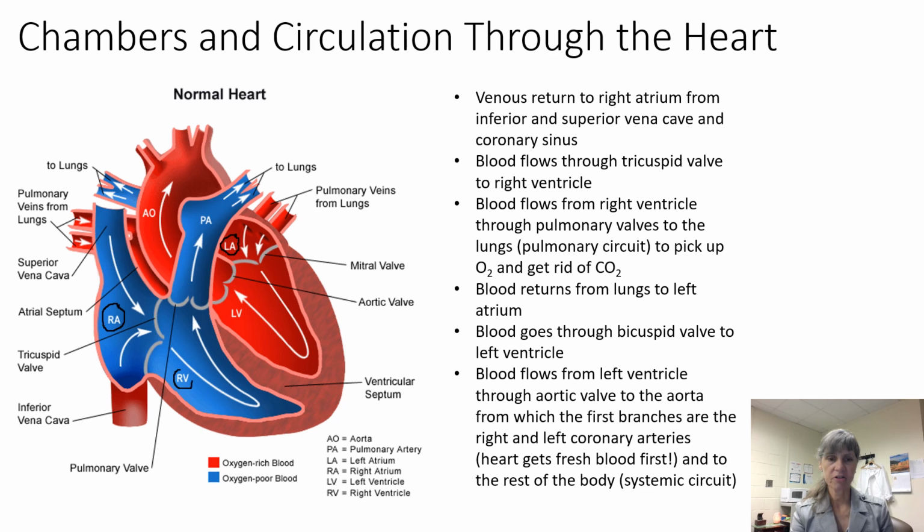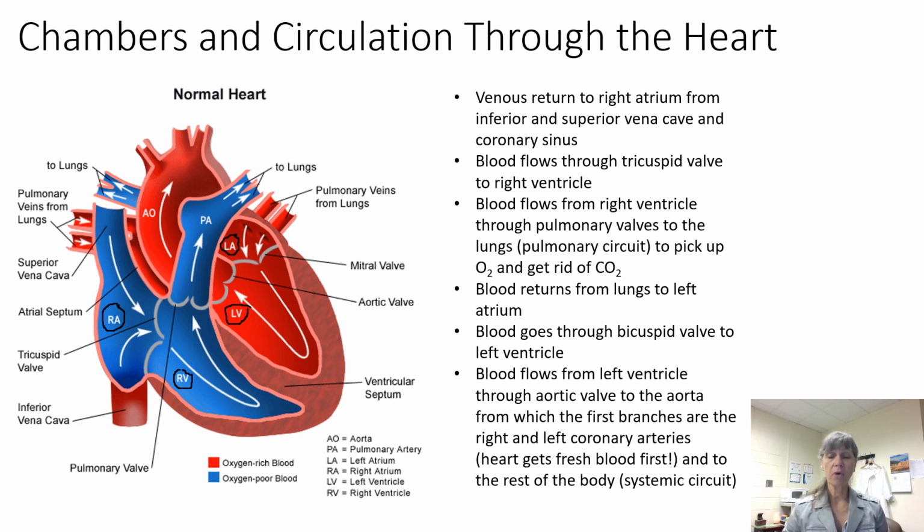We've got a right ventricle and a left ventricle. And normally when the heart beats, it beats like this. It goes atria, ventricles, pause, atria, ventricles, pause, atria, ventricles, pause. That means that the atria should contract at the same time and the ventricles should contract at the same time.